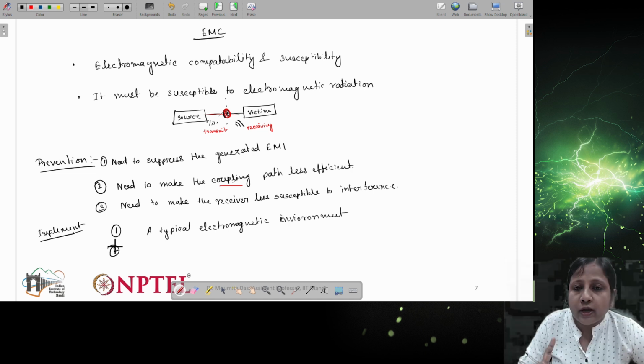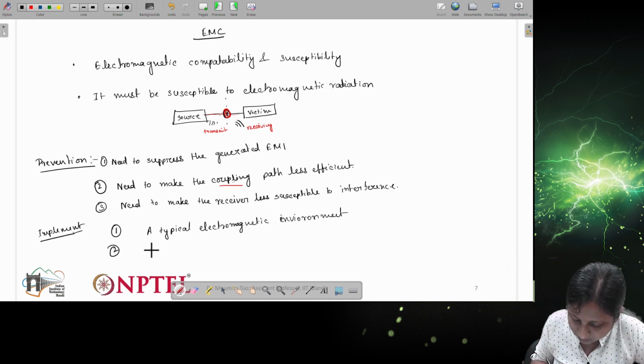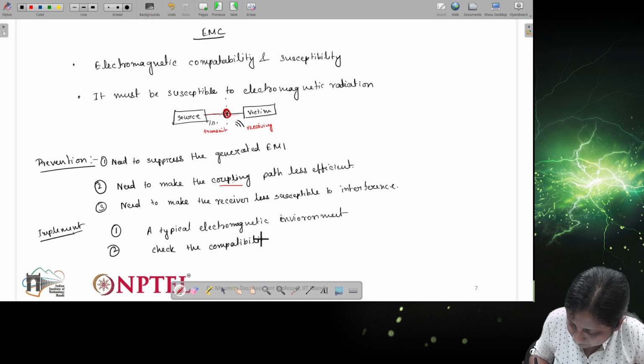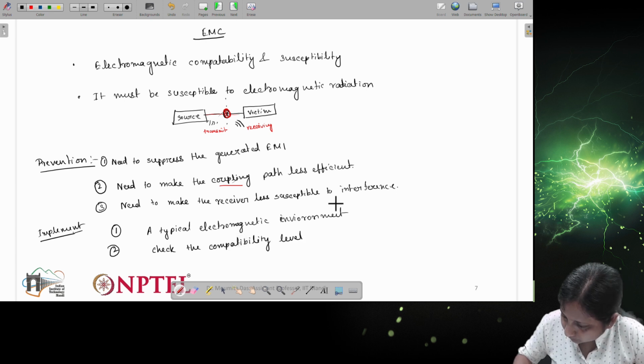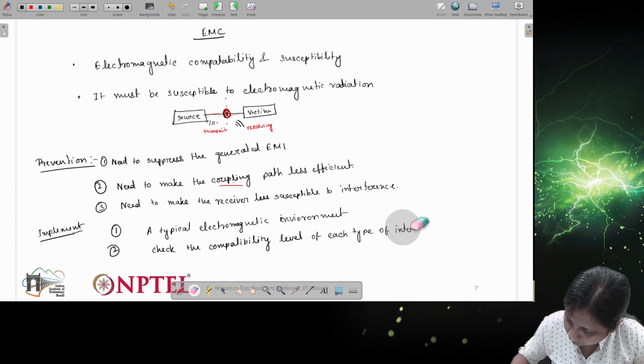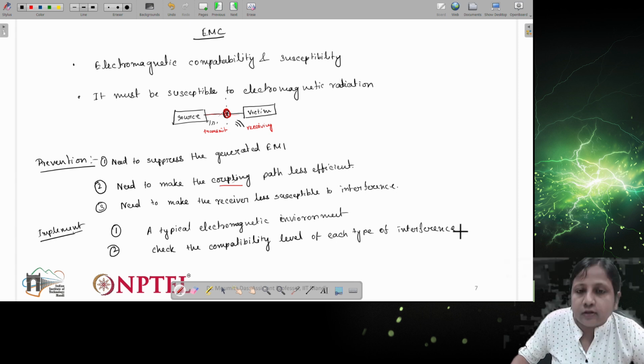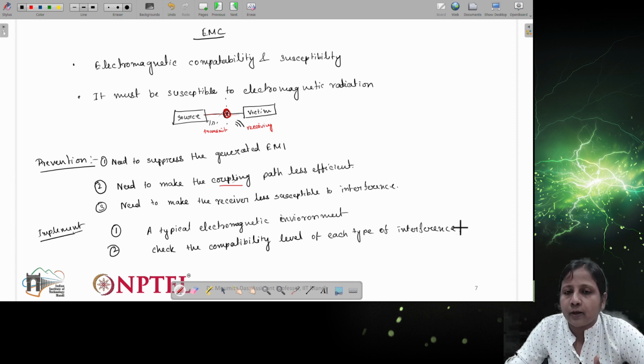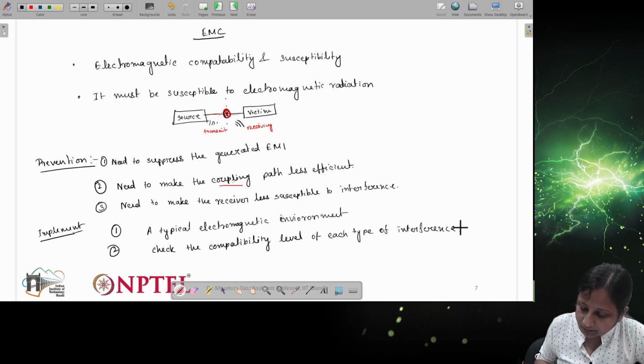Second, we have to check the compatibility level of each type of interference. Okay, so we have to check that. First we create the environment, then we check the compatibility level.